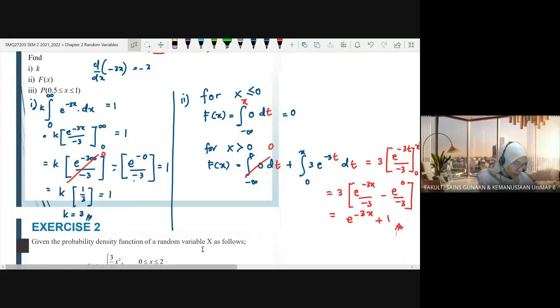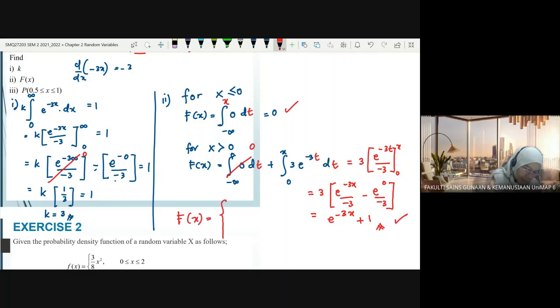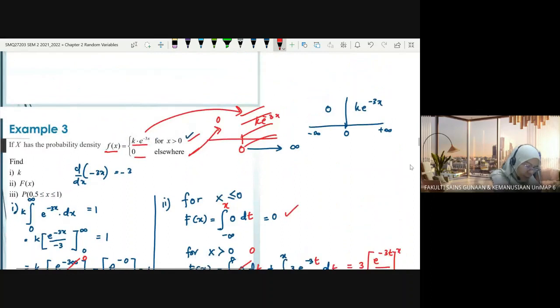Okay, so you have got your function here and you have got your function here, and you can write your distribution function for your continuous random variable as F(x) is equal to, since we are trying to find the distribution function for this particular density function, almost similar to what we have here, but then we are looking for capital F(x) here.